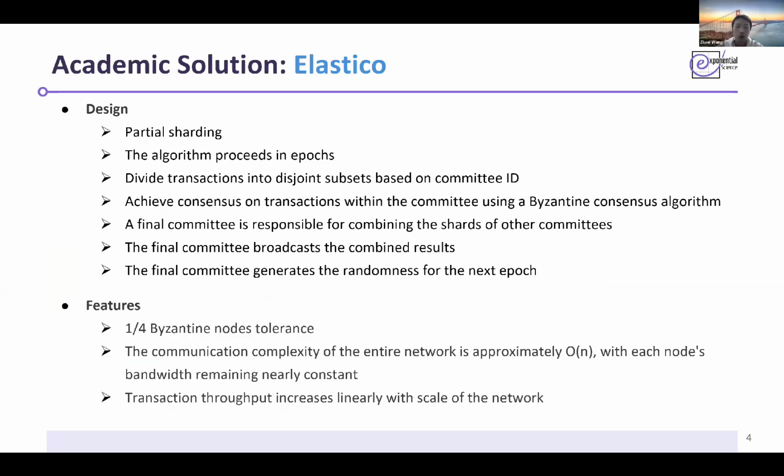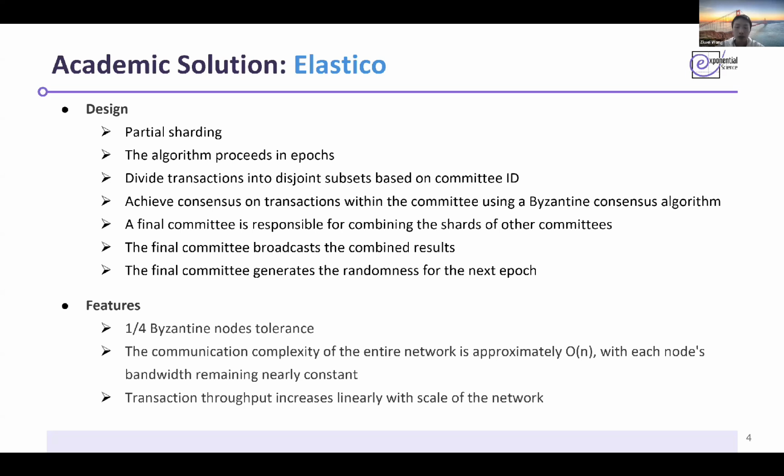Elastico is a classic blockchain sharding solution designed for synchronous network models and blockchains that use the unspent transaction output-based account model. It is a partial sharding approach using both network sharding and transaction sharding. Like Bitcoin, Elastico divides transactions in each epoch into different subsets based on committee IDs and assigns them to the corresponding committees.